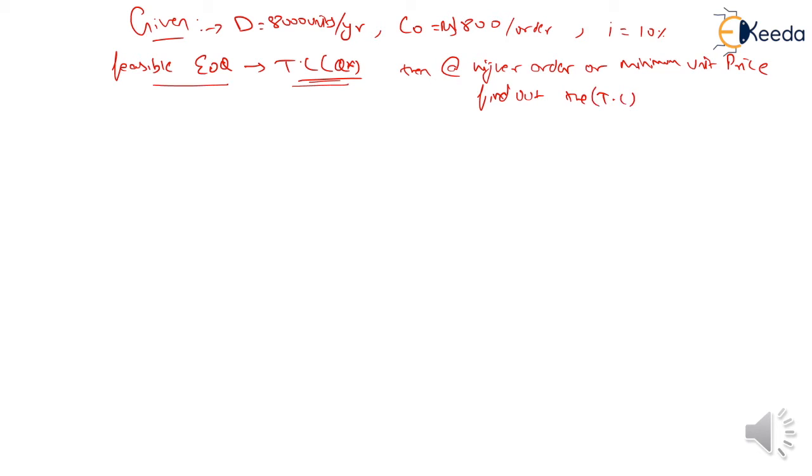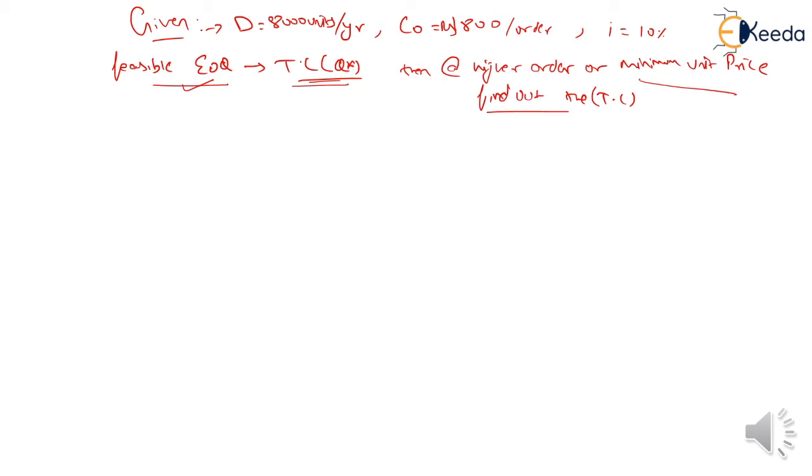So we calculate the total cost at the feasible EOQ and the total cost corresponding to the higher order size, compare all the total costs, and select the minimum total cost and its corresponding order size. That order size with the minimum cost is known as the best order size. Okay friends, clear to all?